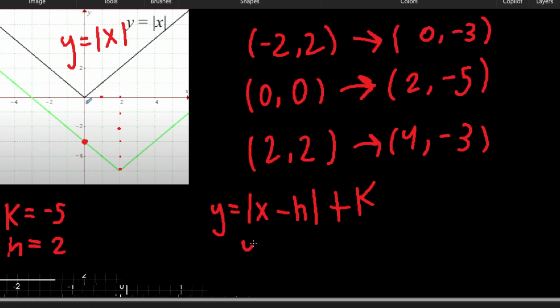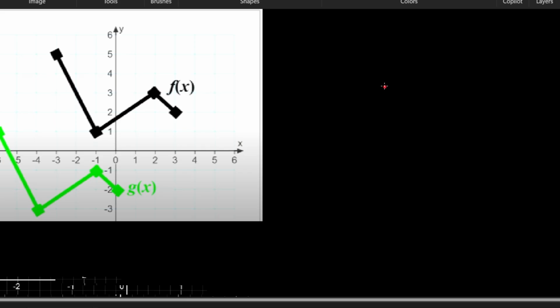So y equals absolute value of x minus 2, minus 5. So f of x is transformed into g of x.